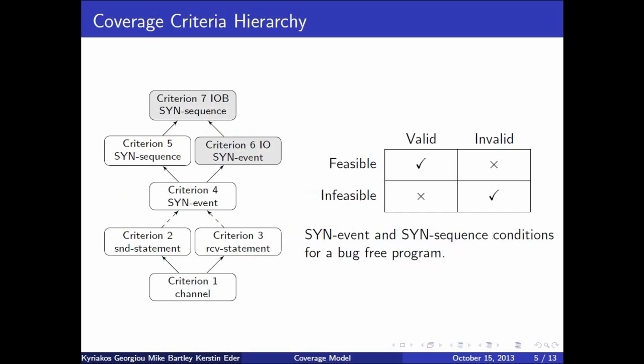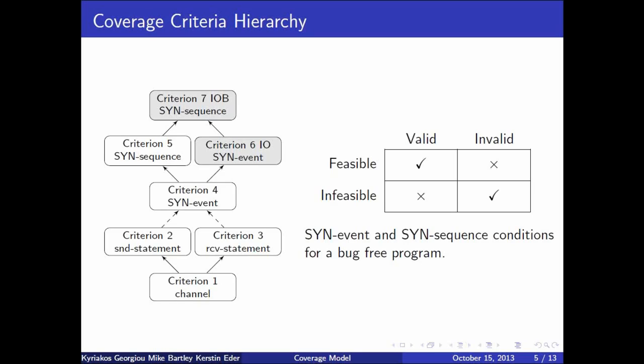So in this figure we have the 7 proposed coverage criteria along with their hierarchy. The meaning of the hierarchy is that any criteria in the upper level covers all the criteria in the lower levels. So for example, if you're creating a coverage task for criteria 4, criteria 2, 3, and 1 are covered.